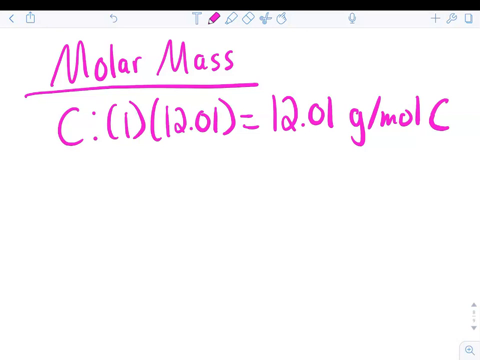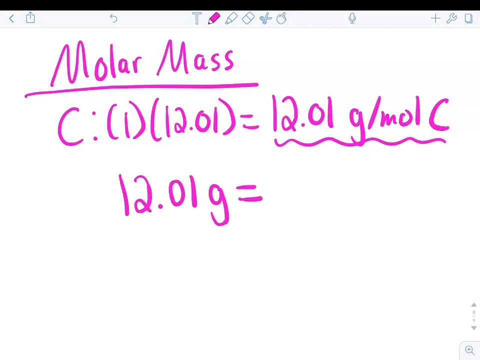But I can take this and I can write it as 12.01 grams equals 1 mole. Because we know that a mole of carbon is going to weigh 12.01 grams. Okay? So then we go through and we do our setup.